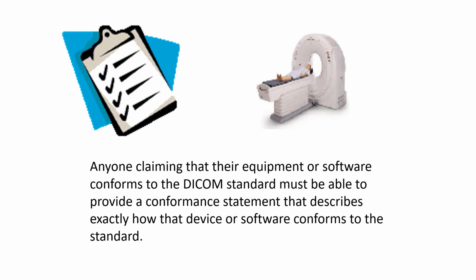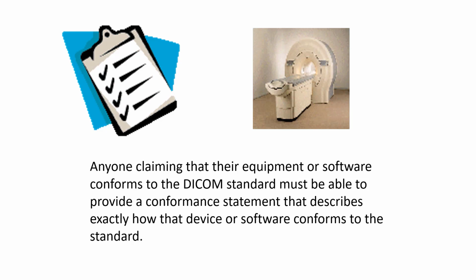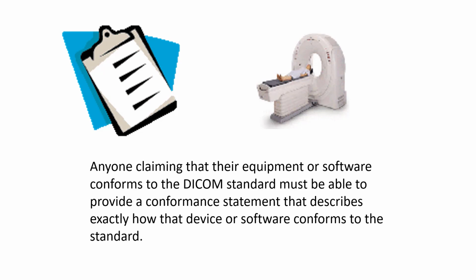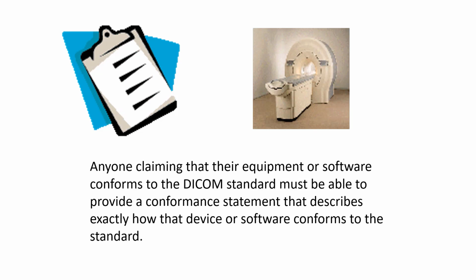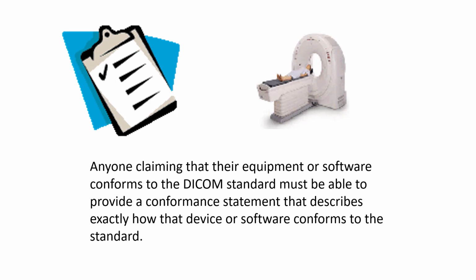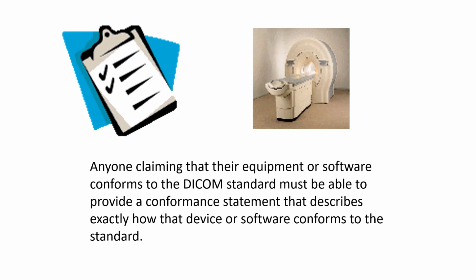Any vendor or manufacturer claiming that their equipment or software conforms to the DICOM standard must be able to provide a conformance statement that describes exactly how that device or software conforms to the standard. Obviously, manufacturers don't want to give away their design and secrets, so in some cases you will find that there is a proprietary number in there, meaning that the manufacturer does not want to give you that information for that particular area.